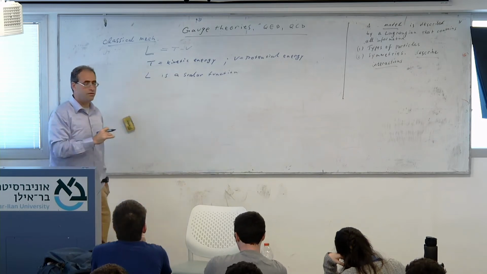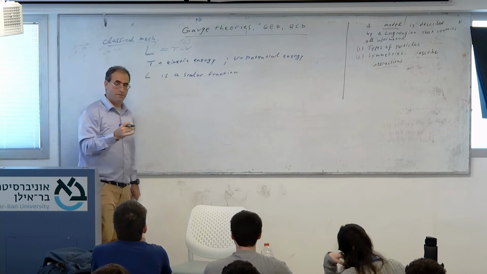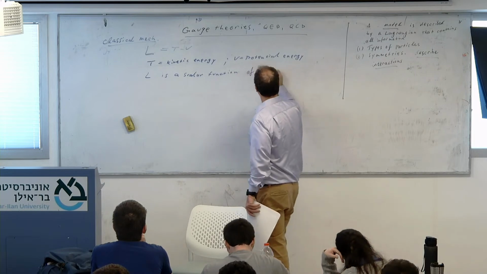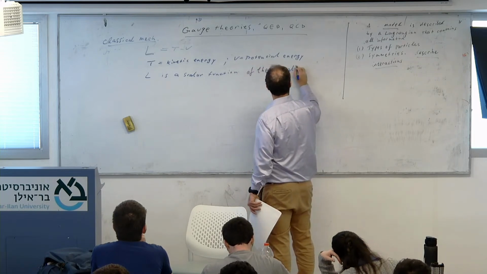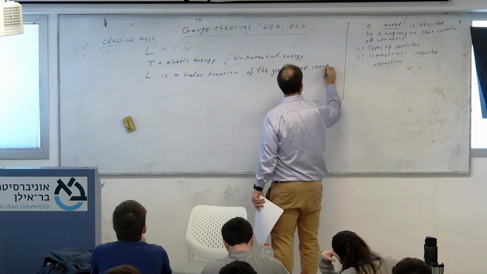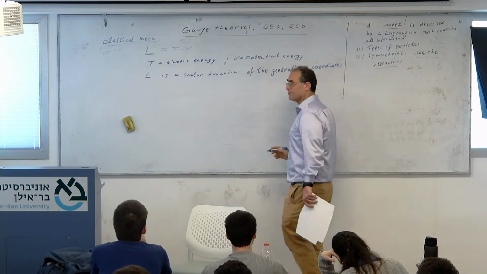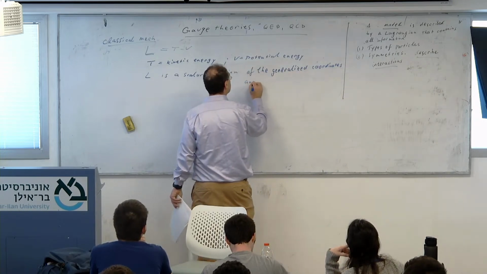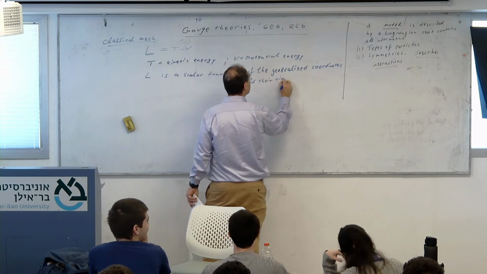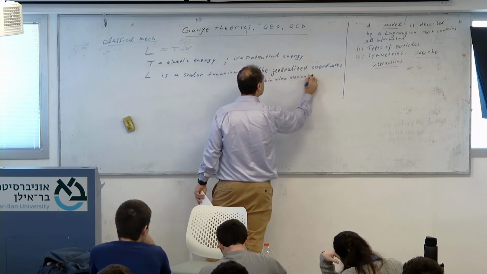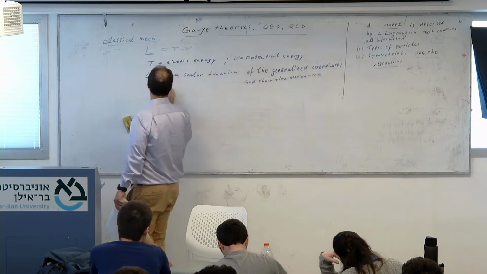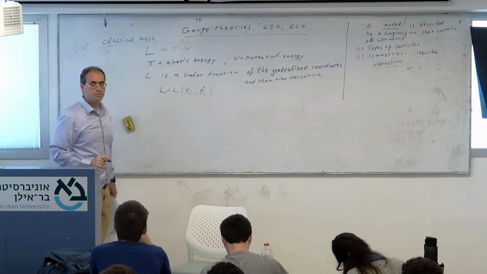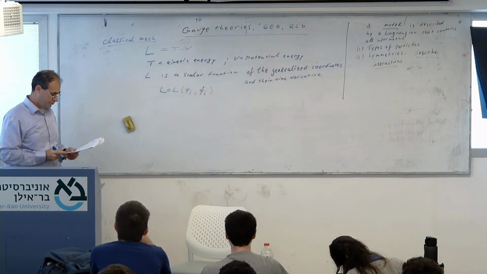L is a scalar function of the generalized coordinates and their time derivatives. So L is L of qi and q dot i. What about space-time?